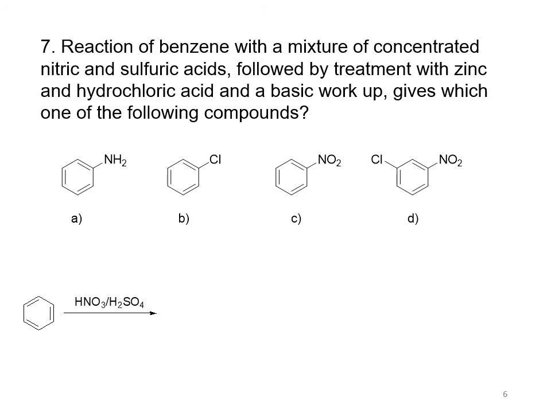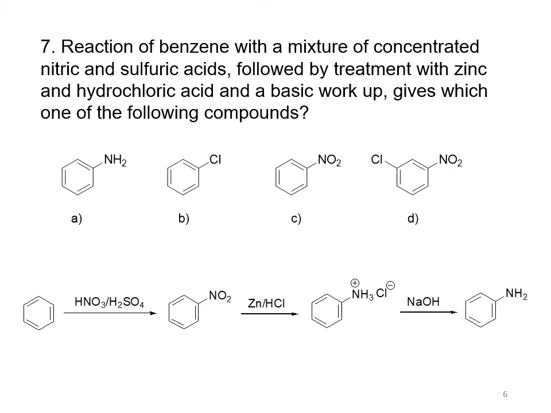A reaction with a mixture of concentrated nitric and sulfuric acids gives nitrobenzene. Then treatment with zinc and hydrochloric acid, that's Clemmensen reduction, reduces the nitro group to an amino group, but since the amino group is basic, it reacts with hydrochloric acid to give a hydrochloride, so anilinium hydrochloride. And then the basic workup releases aniline from its salt. So the product is aniline, and the correct answer is A.